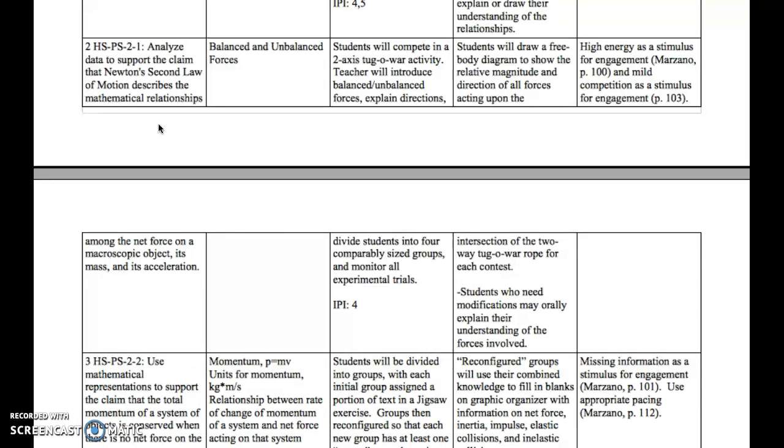And then, time permitting, after each contest, I was going to randomly select one member of each group and have them remove their shoes. I want them to see that it wasn't just them pulling on the rope that helped them win the competition.